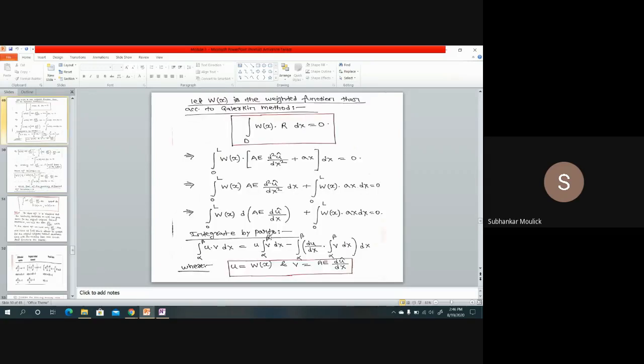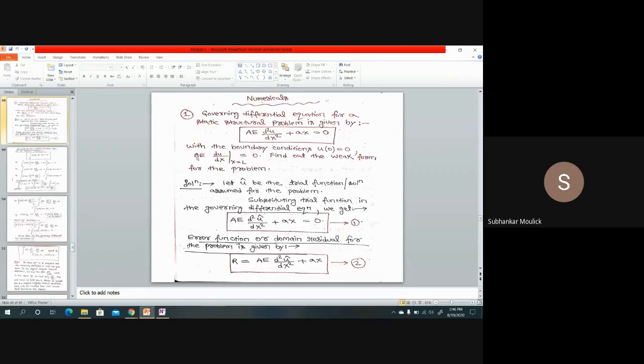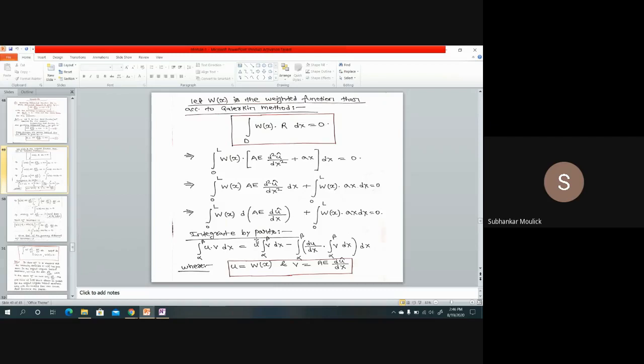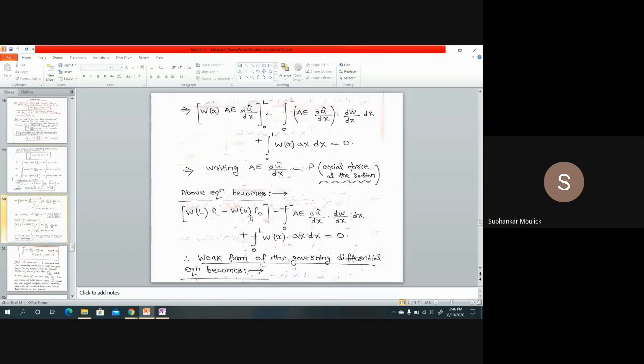In this term, see, it has been told to you that A E du by dx at x equal to L is 0. So this entire term becomes 0. Then minus of the integral of your weak form is equal to minus of integral 0 to L w of x ax dx equal to 0. Minus cancels, so your weak form will be equal to this integral 0 to L w of x ax dx.